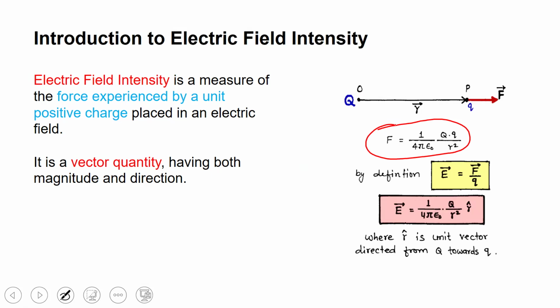This 1 all over 4 pi permittivity is what I just described as K. So by definition, electric field intensity E is equal to F all over Q. Therefore, since 1 all over 4 pi permittivity of free space is K, we can see E is equal to KQ all over R square. The Q stands for charge, E is electric field intensity, and R is the distance of separation.